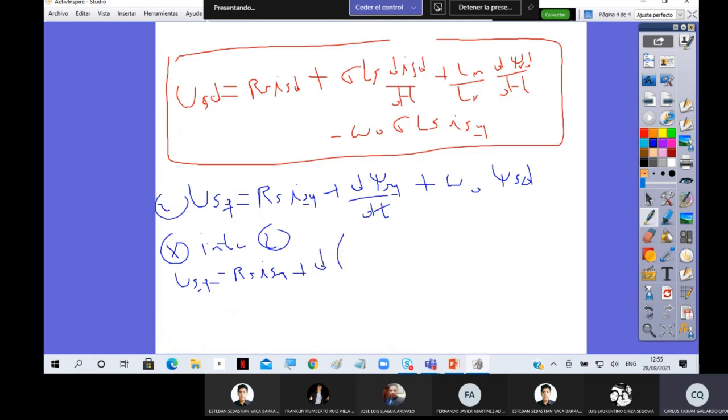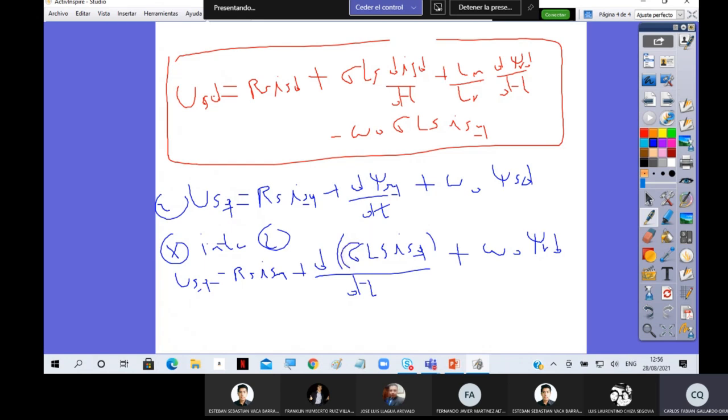Okay, so substituting, I will have here the leakage coefficient times the stator inductance times the stator current on Q-axis with respect to the time. Okay, plus I will have here the speed times the rotor flux on the d axis.